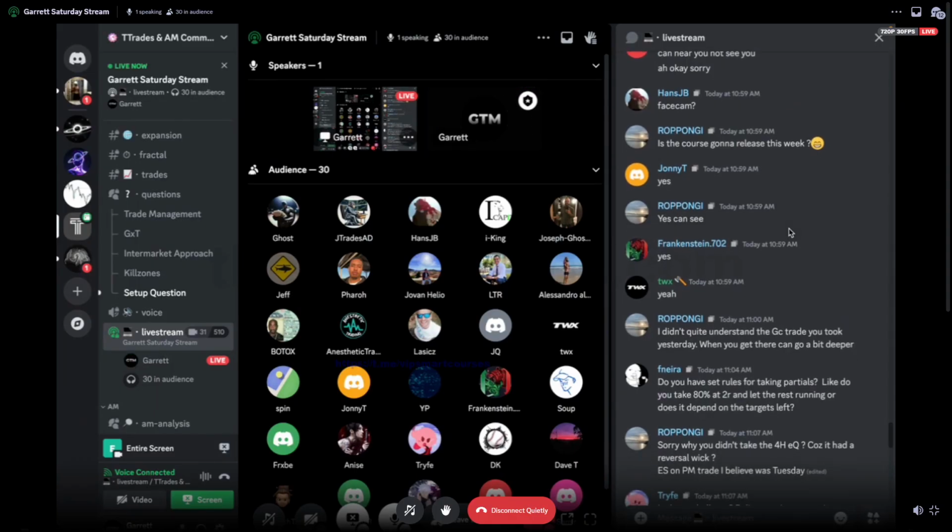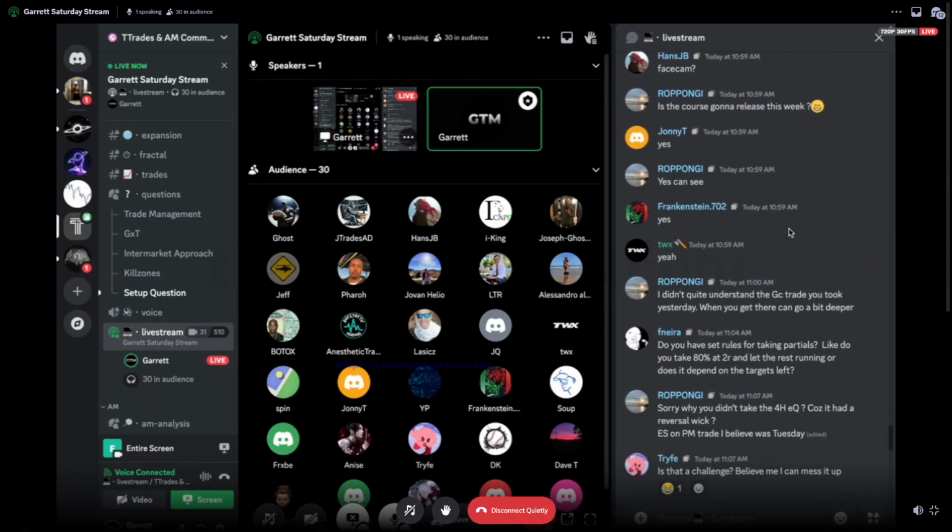Okay. Do you have a set rule for taking partials? Like, do you take 80% at 2R and let the rest run? So it depends on how many contracts I'm taking, because I trade 50K accounts, and on TopStep it only allows like two contracts. So I'm either entering on one or two contracts.